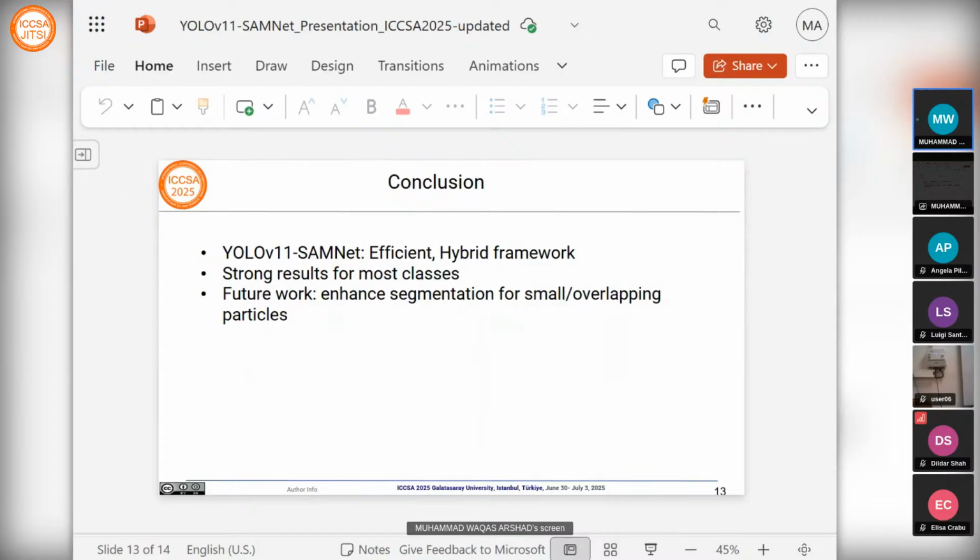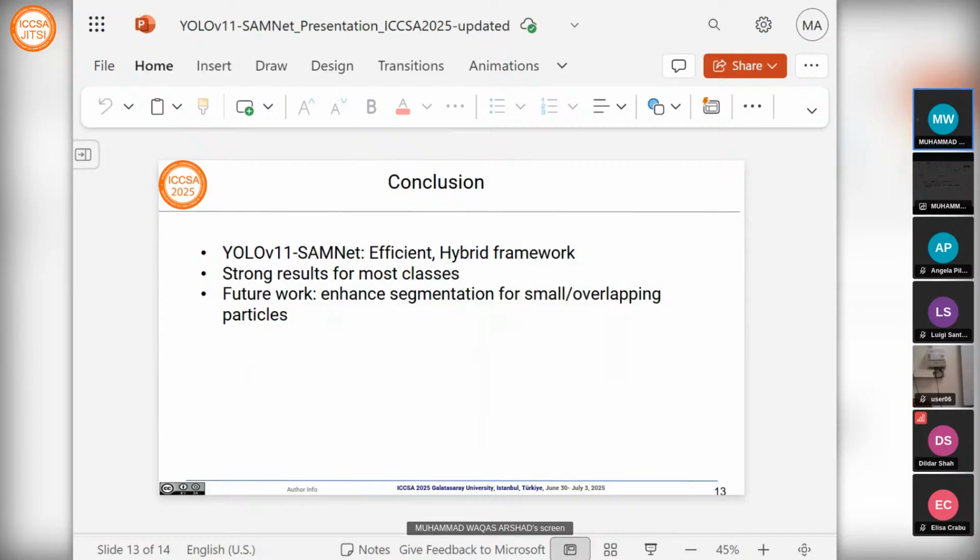This model helps us achieve strong detection and segmentation for most of the classes, in our case 14 classes, and that demonstrates the potential for clinical application.